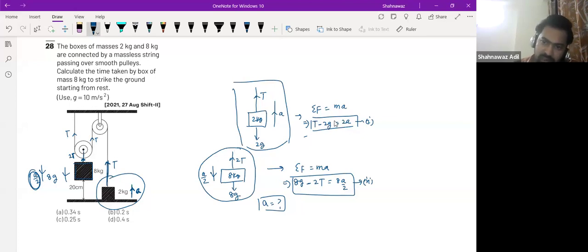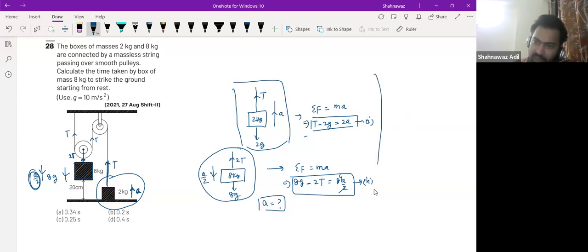So we have these two equations, right? And we have to get rid of T. We have to find out this a. So this is 4a.